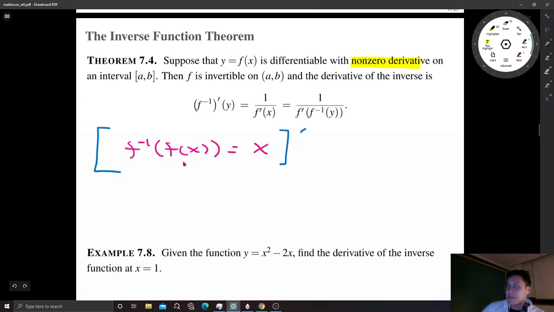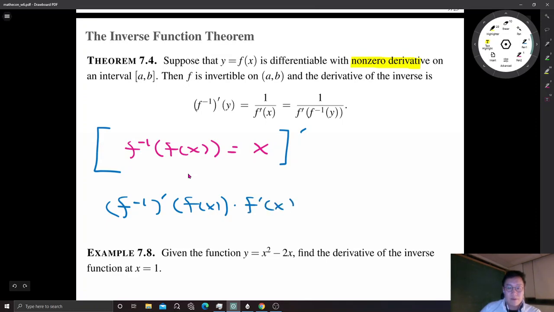So now let me use the chain rule to find the derivative. The derivative of the outer function, and then leave the inside function alone. Then we multiply by the derivative of the inner function. That is the derivative of the left-hand side, application of the chain rule. Right? And on the right side, the x derivative is just 1.